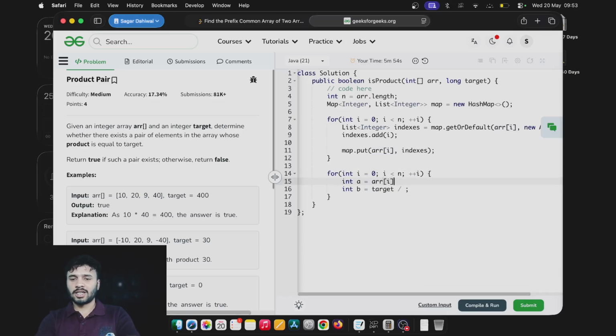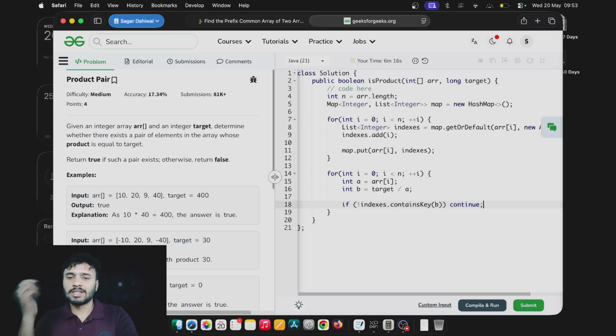This is our A, target by A, which needs B. So if indexes dot contains B, if it does not contain B, then continue. That means we don't have a pair for this.